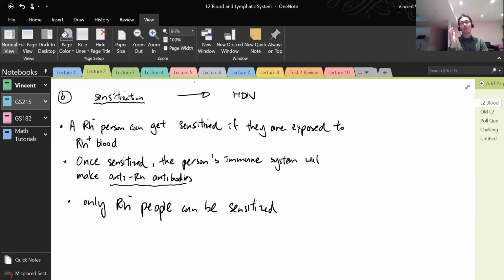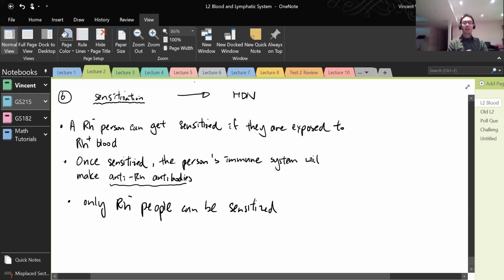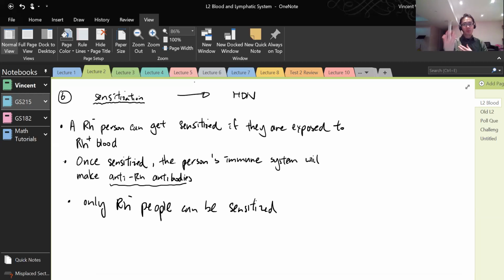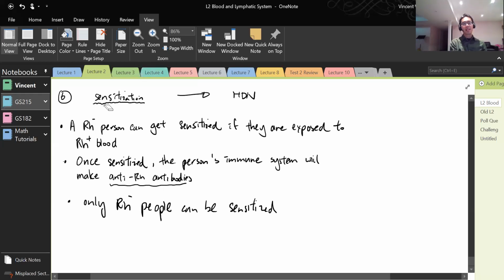If you have not been previously exposed to positive blood, I can give you the positive blood. You don't yet have the antibodies, so there will be no cross reaction. But once you've been introduced to positive blood, you are now sensitized, and your immune system will start to make anti-RH antibodies. So this is the context of what sensitization means.